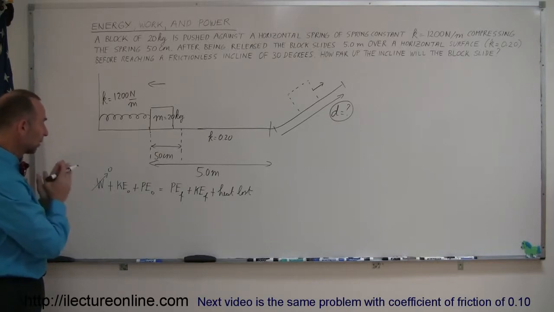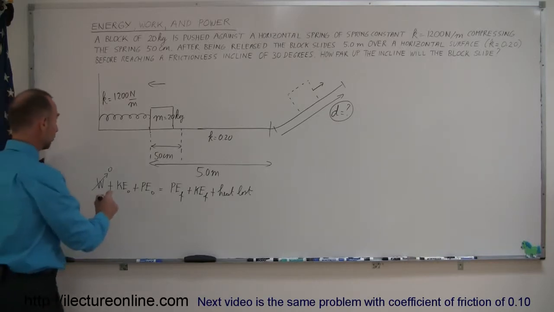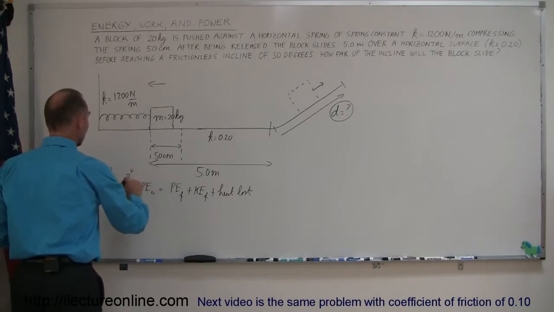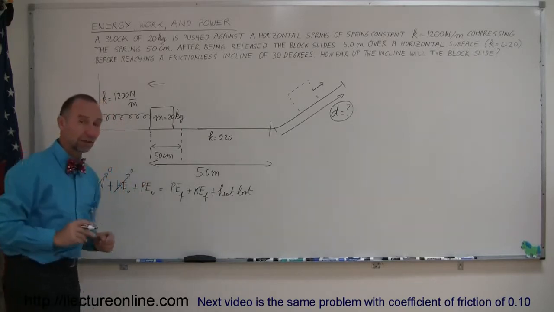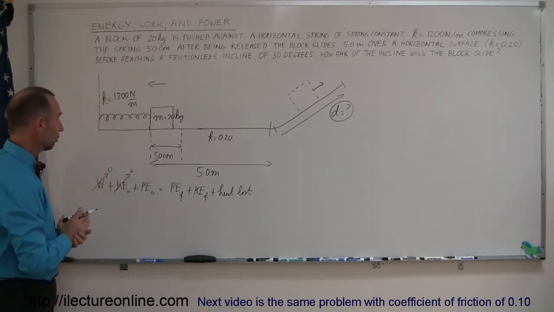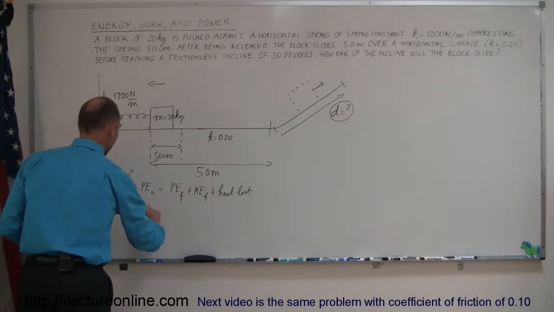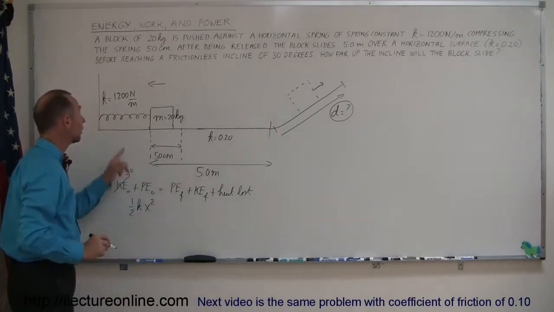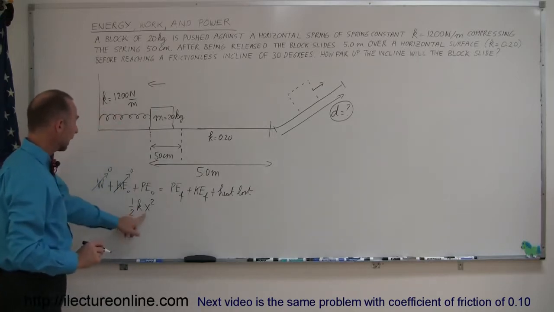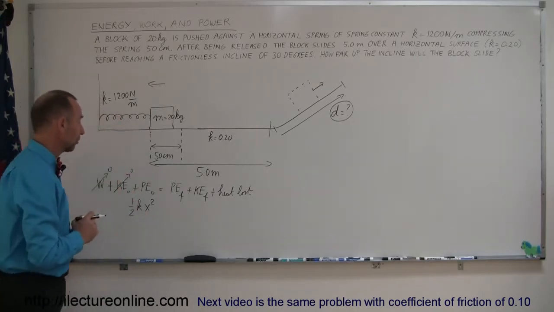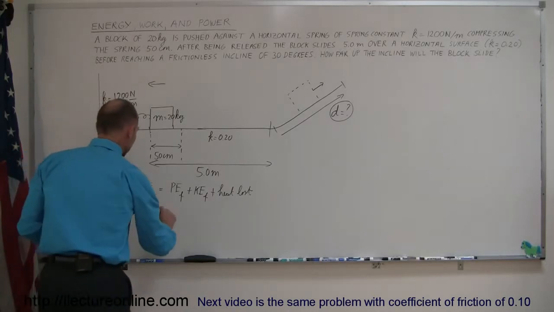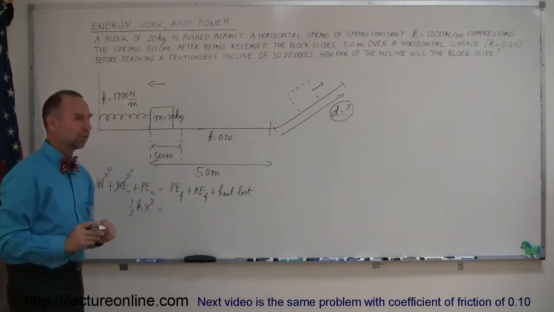Since at the moment we let the block go, nothing is moving, there's therefore no initial kinetic energy, there's only initial potential energy which is stored within the spring, and the equation for that is 1/2 kx squared, k being the spring constant, and x being the distance that the spring was compressed. That equals the final potential energy of the system.